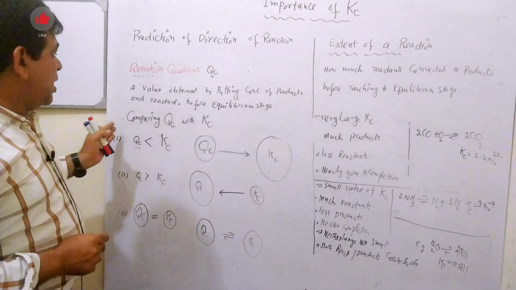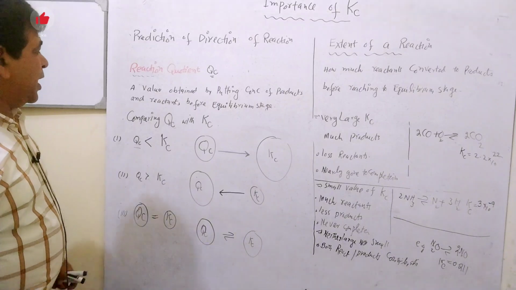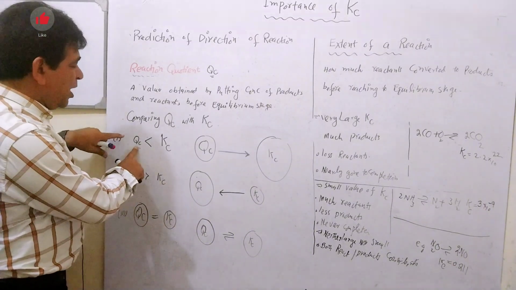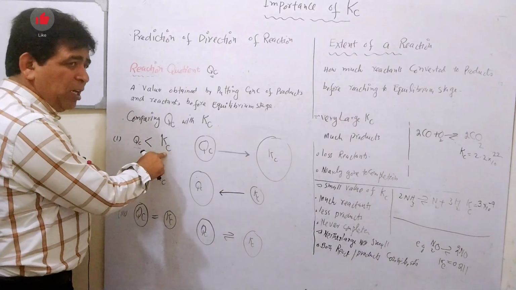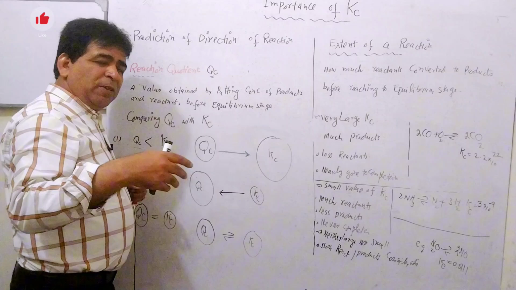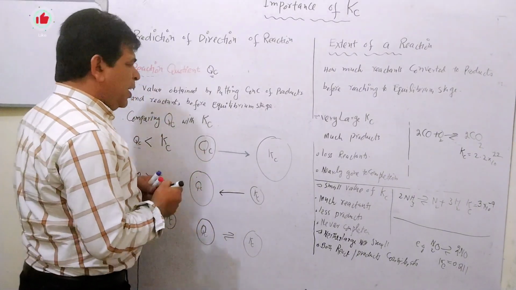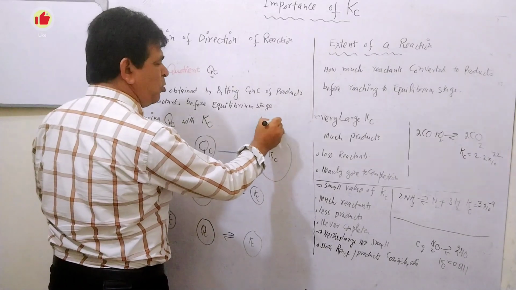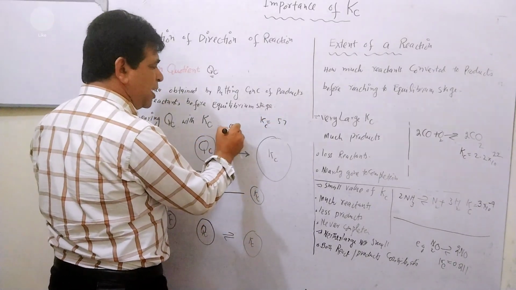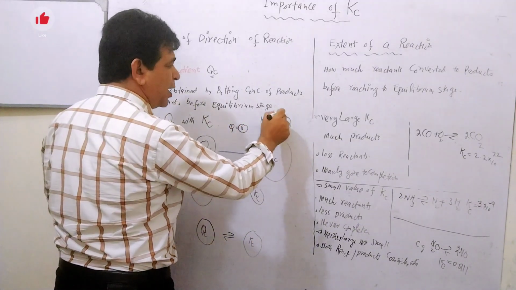Dear students, there are three possibilities through which we can predict the direction of a chemical reaction. The first possibility is that the Qc value is smaller than the Kc value, meaning the Kc value is large and the Qc value is small. For example, if a reaction has a Kc value of 57 and its Qc value is just 8, it means its Qc value is smaller than its Kc value.